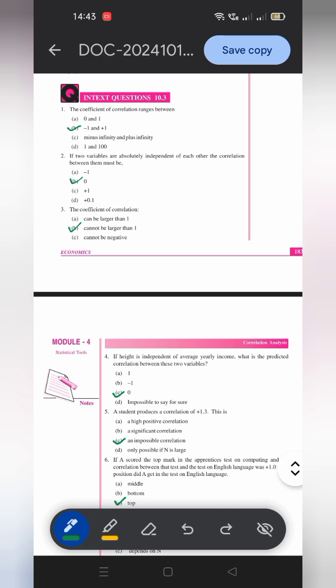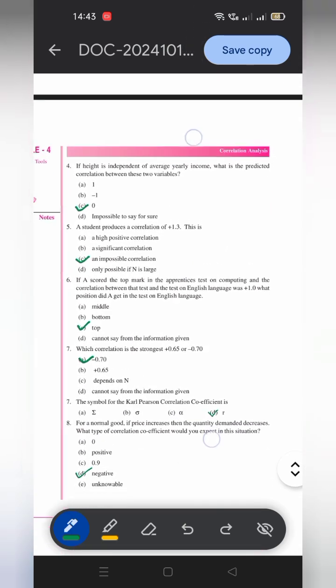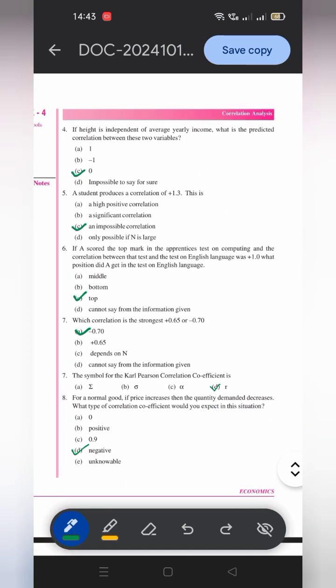Third question. The coefficient of correlation cannot be larger than 1. Fourth question. If height is independent of average yearly income, what is the predicted correlation between these two variables? Answer is C, equal to 0.